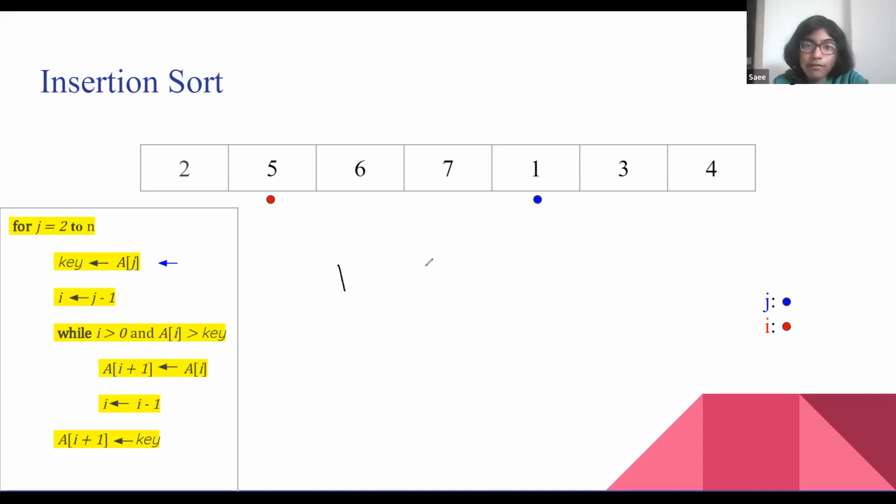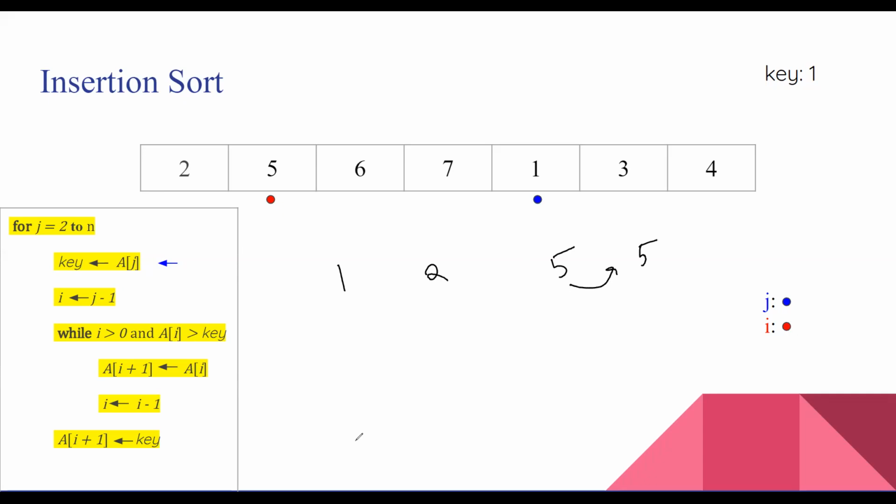So if we have 1, 2, and 5, and let's say you want to insert 2 here. We'll start from the right. Is 5 greater than 2? Yes, so we'll shift 5 to the right. Then we go ahead and ask: is 2 greater than 2? No, 2 is not greater than 2.